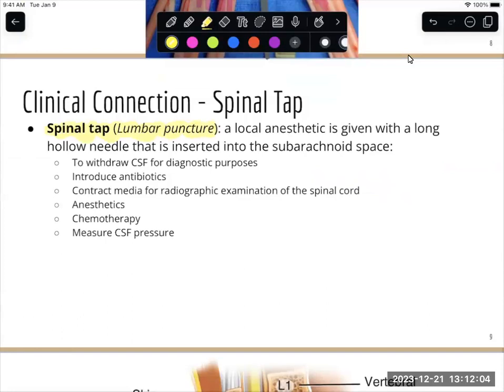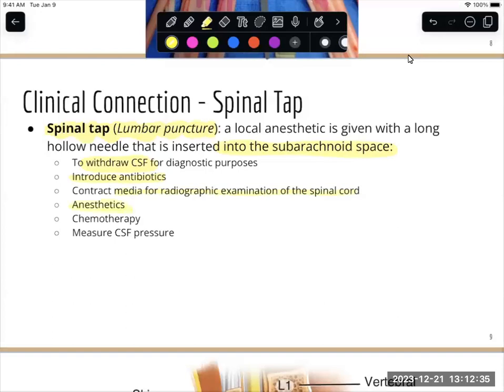They send a needle into that subarachnoid space, and they are taking out that cerebral spinal fluid. Or they could introduce antibiotics in there for people who have meningitis because it's some sort of infection of the meninges. They can even put some kind of dye so they can get a better view of the spinal cord.